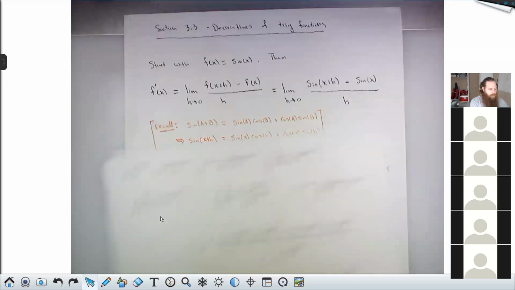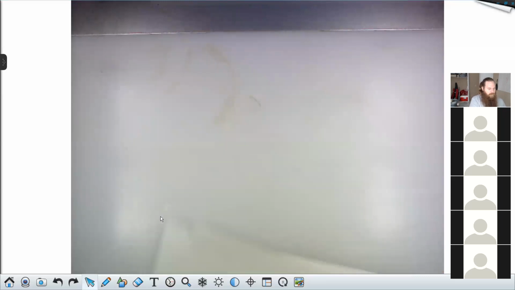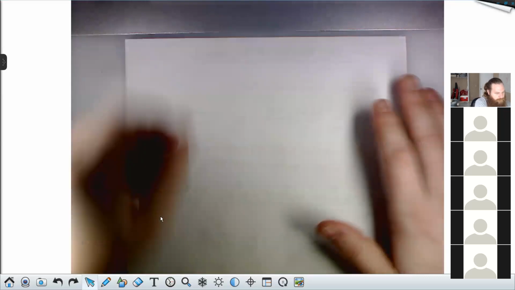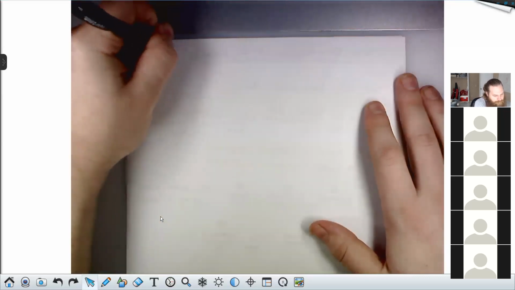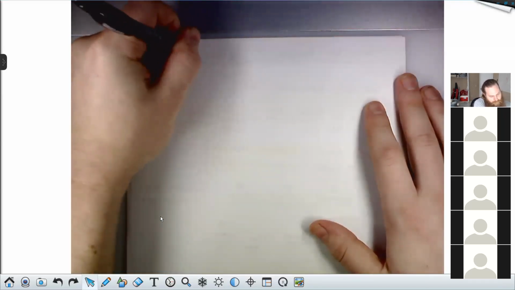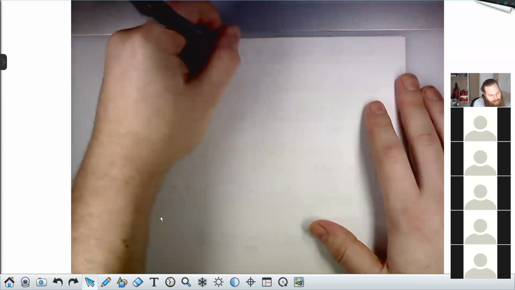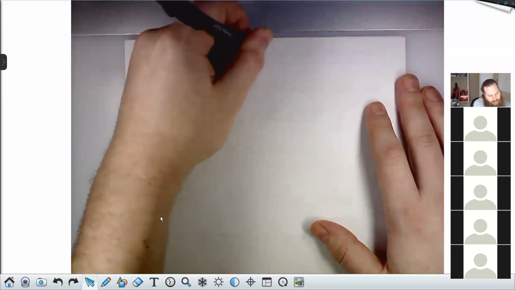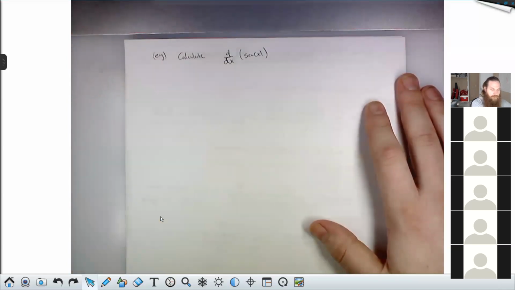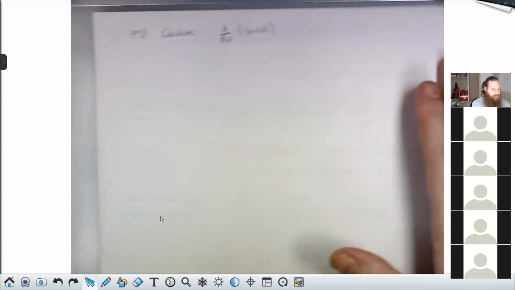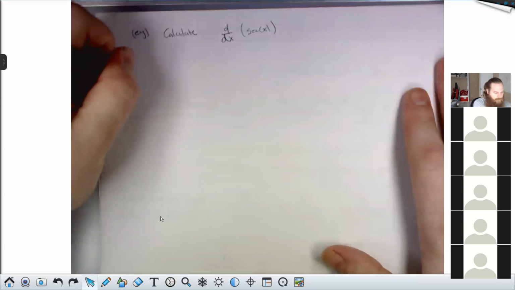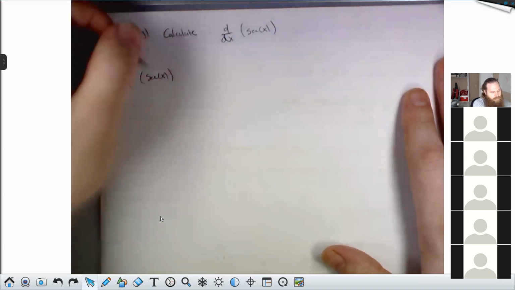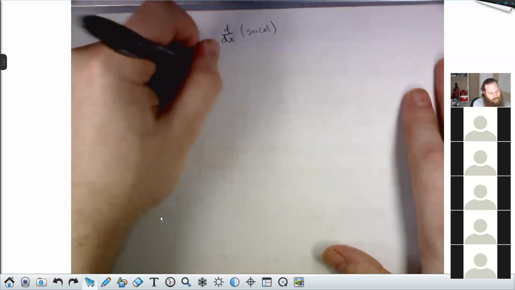So far, we know how to differentiate sine and cosine. We know how to differentiate tangent. I'm going to give you secant. Same sort of thing. Secant of x is the reciprocal of cos x.